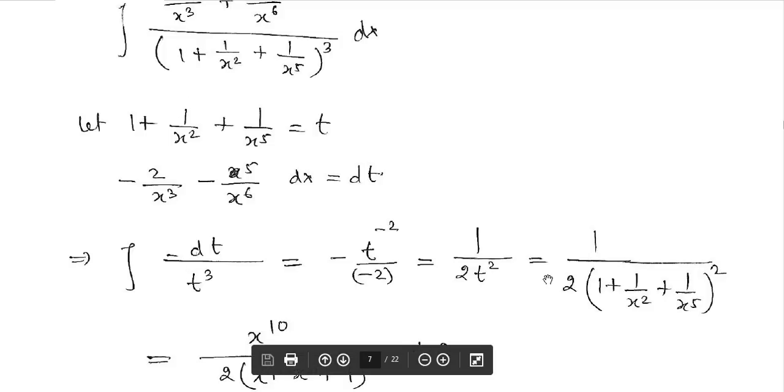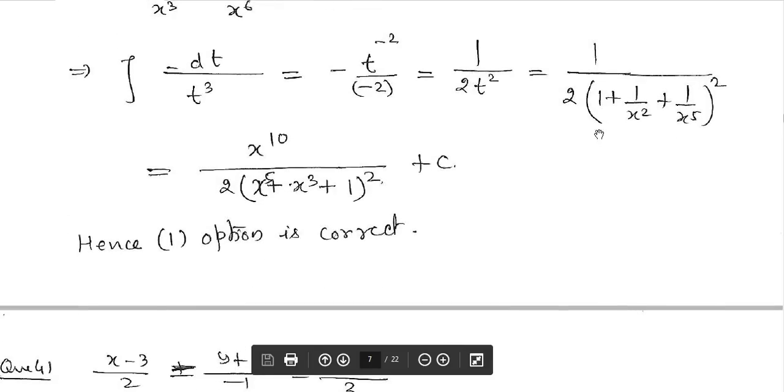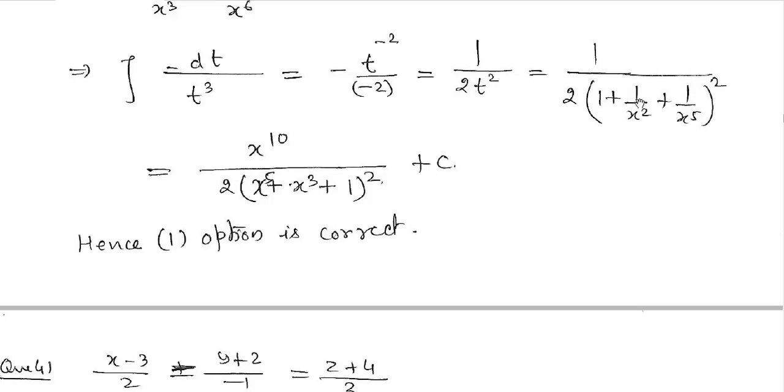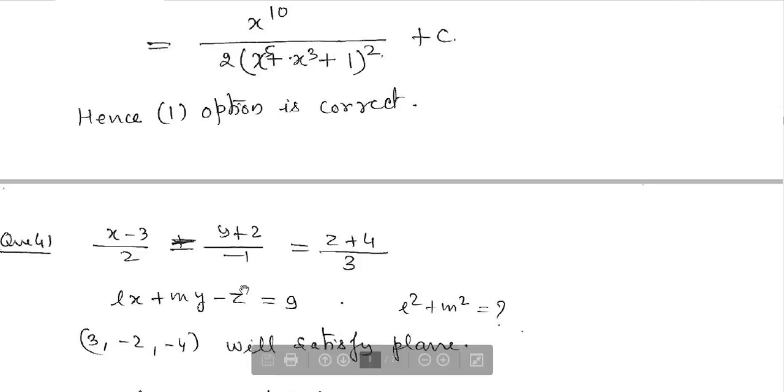Hence it is very easy to integrate, and we get this. If we simplify this, we will get this situation. Hence the first option was this. You can even differentiate this and you'll get the integrand.